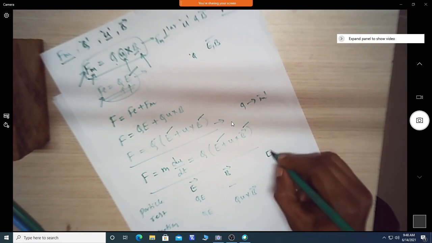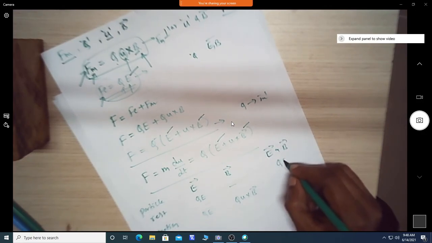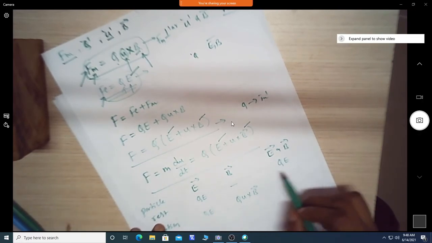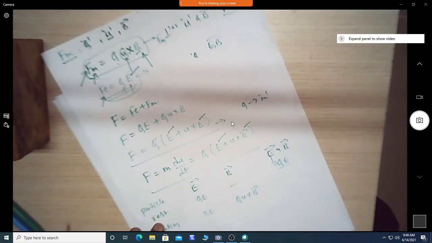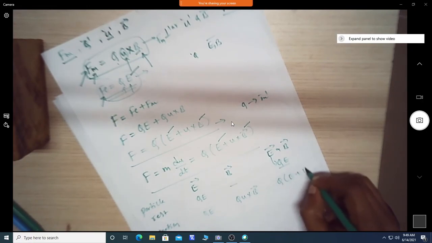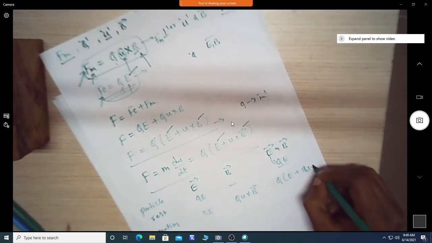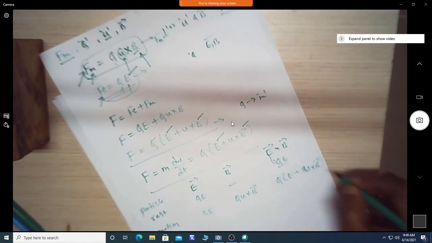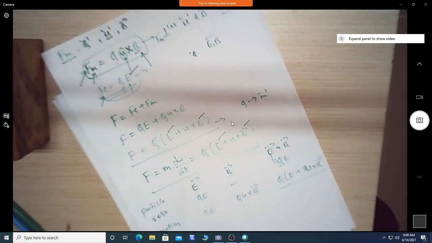Whenever the charge is at rest, we have only the E field, because the force exists only for the E field. And whenever the charge is in motion, whether it is moving with constant velocity, we get this equation that we have derived here.